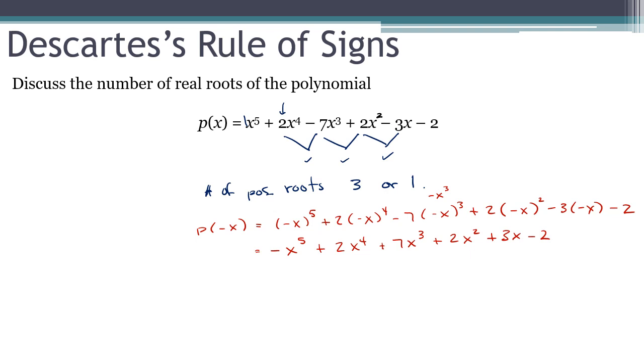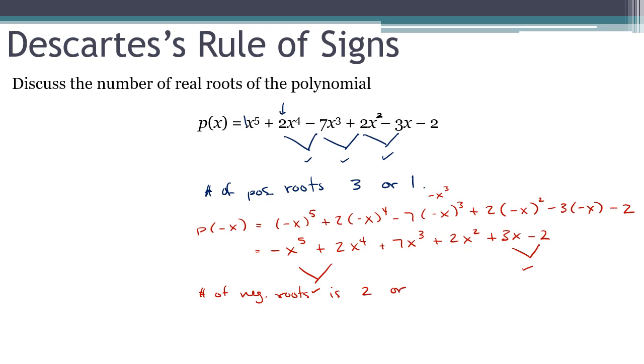Now I count sign changes again. The sign changed from negative 1 to 2, and then it stayed positive until we get to the very end, where it changes from positive 3 to negative 2. So there are two sign changes here. Descartes' rule tells me that the number of negative roots is 2, and I do the same thing with the minuses.